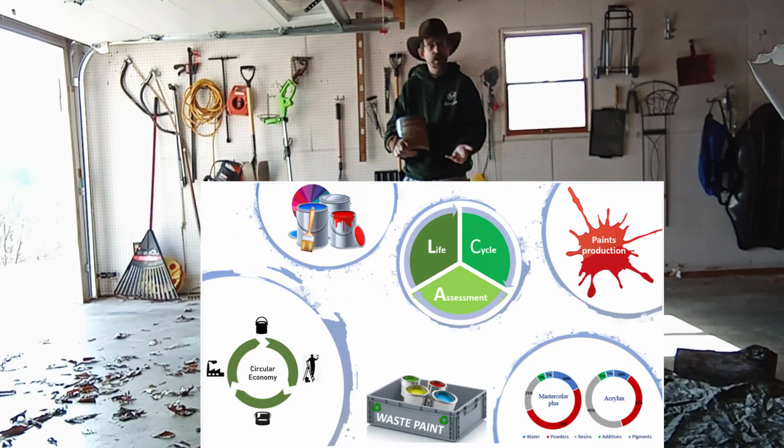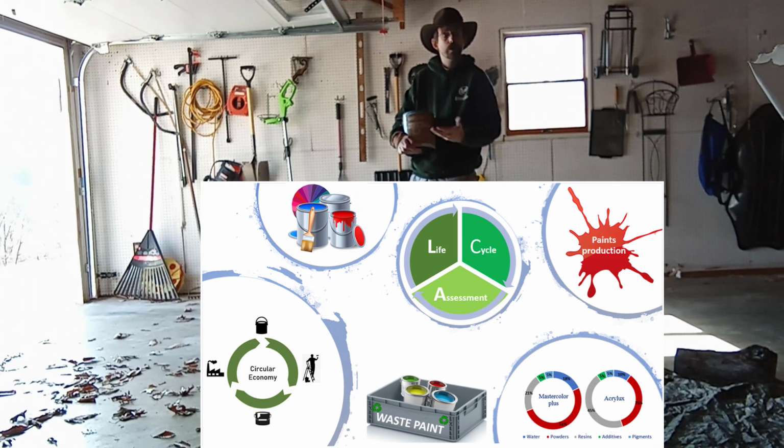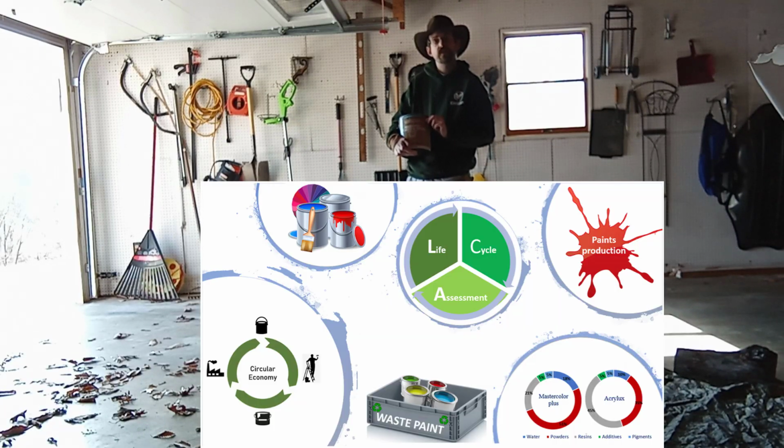When we measure sustainability, we also use what we call an LCA, a foundational or framework concept, also known as a life cycle assessment. We want to look at the materials and measure their sustainability as they are utilized to make not just the paint inside this can, but the can itself.